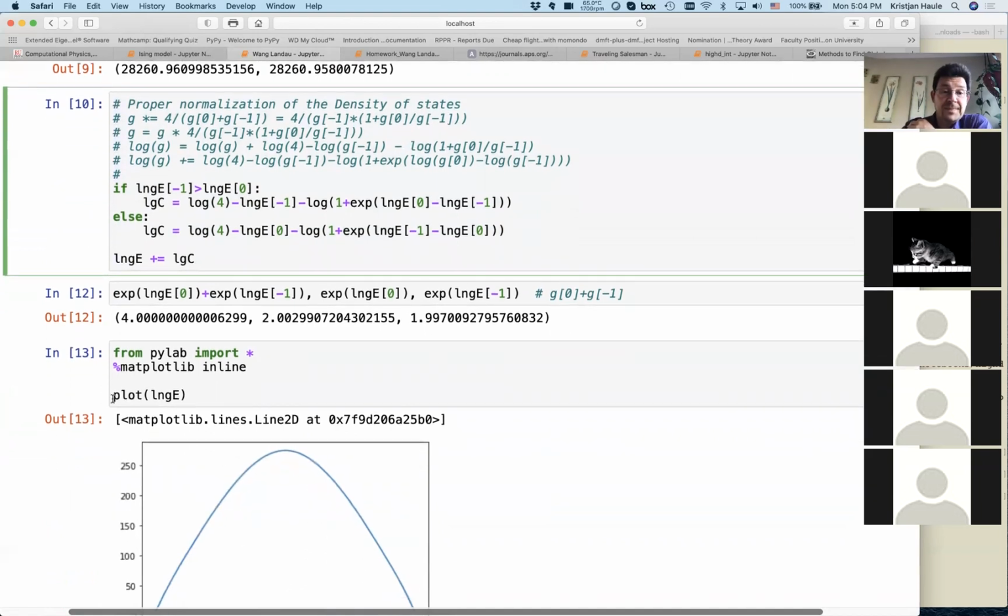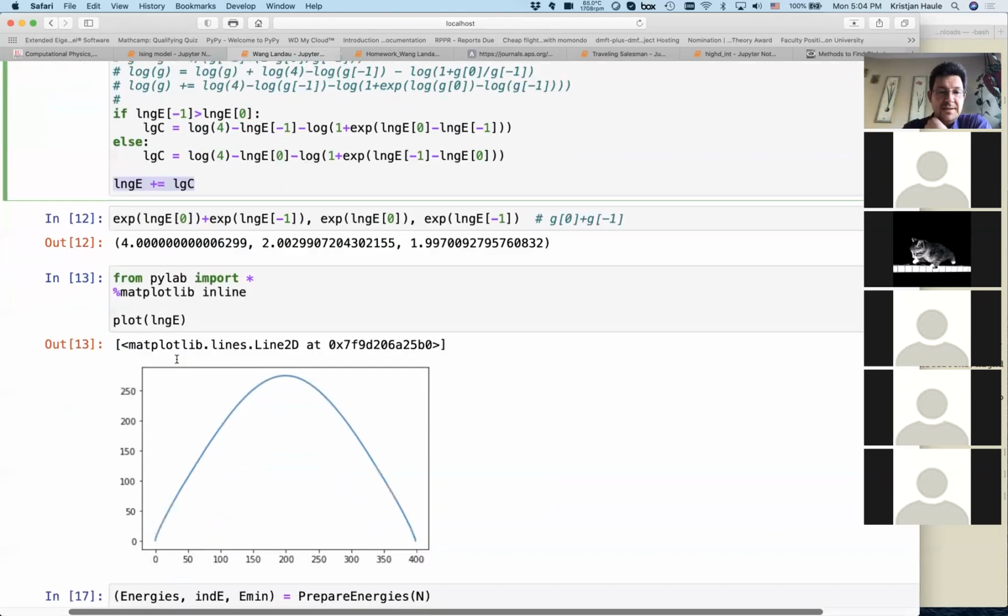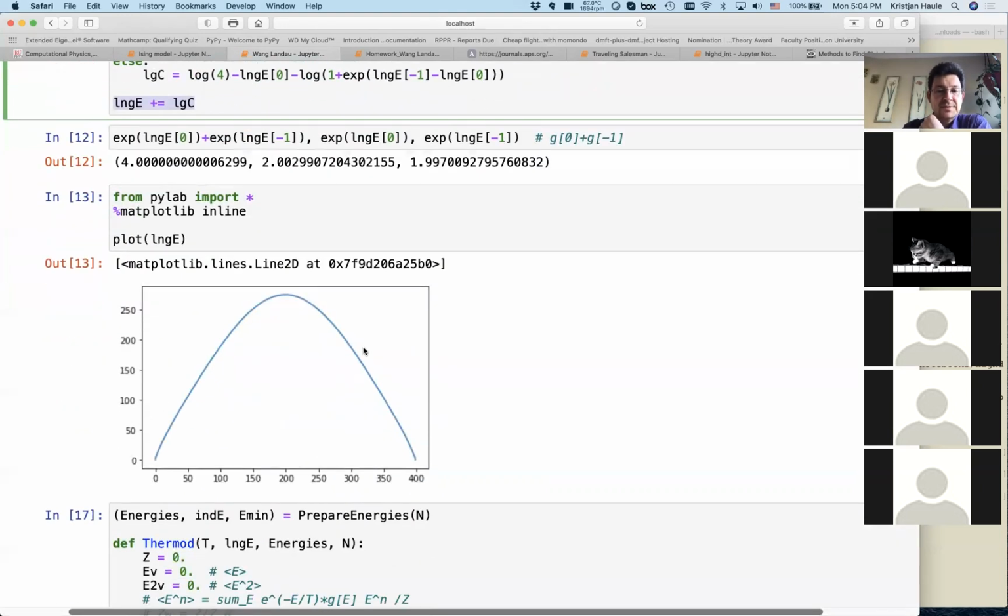Now, with this, we determined this constant LGC, with which the logarithm of density of states had to be normalized, or just shifted in energy. And then we plotted this logarithm of density of states.